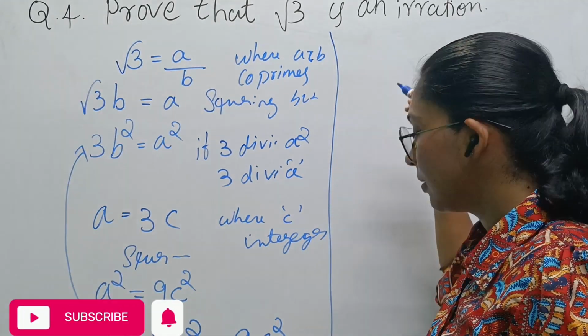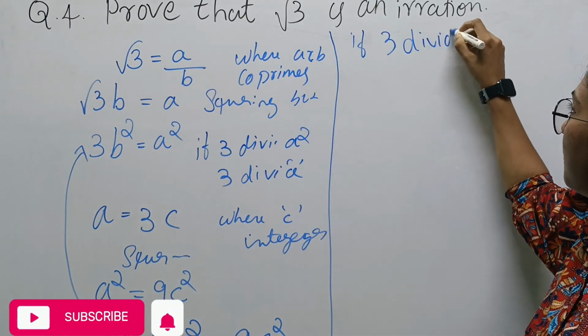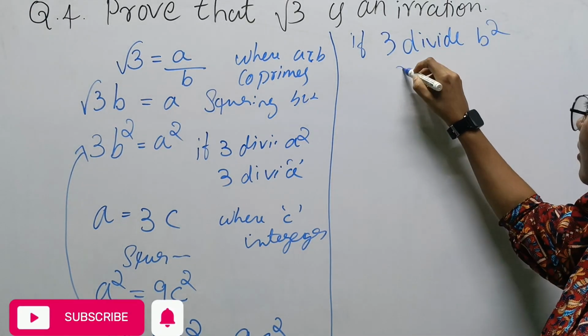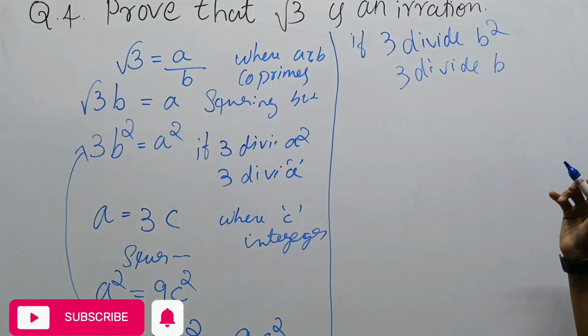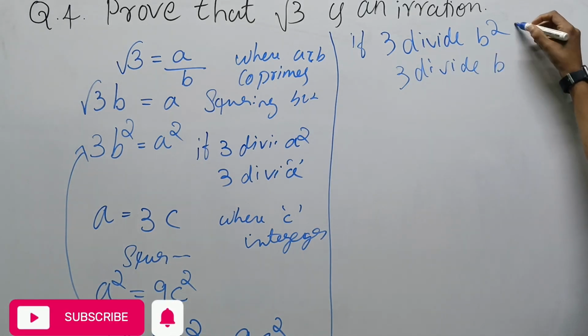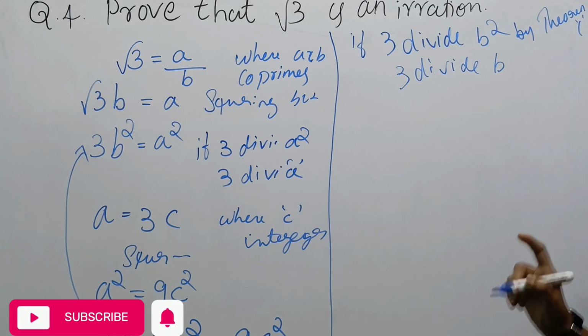Okay. Then if 3 divides b square, then also 3 can divide b, by theorem 1, which we discussed in the first class.